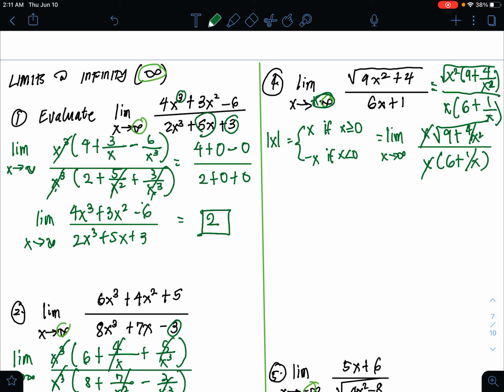So, mabilin, kana na lang. So, as x approaches infinity, the square root of 9 plus 4 divided by infinity squared, that's 0. Kana siya, 6 plus 1 over infinity is 0. Diba? So, therefore, the square root of 9 is 3 over 6 or 1/2, which is our final answer.